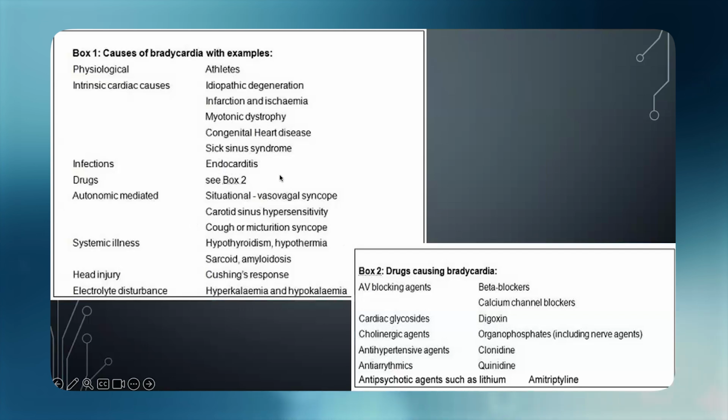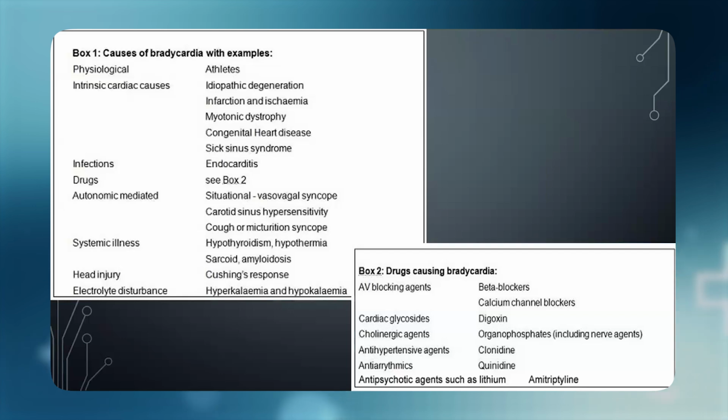Drugs, we are coming to that next. Autonomic mediated situational vasovagal syncopes: vagal stimulation will definitely cause bradycardia, which affects the pacemaker cell as well as the conduction. So it's a negative chronotropic and negative dromotropic activity of the vagus.